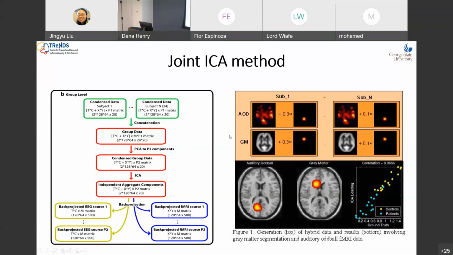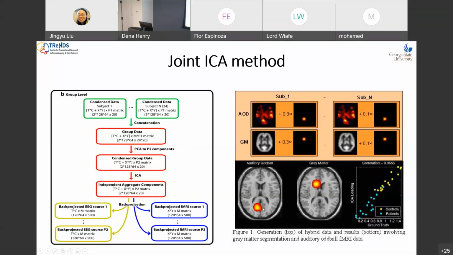For this strongly linked component, if we concatenate the data together and apply joint ICA, this simulation shows that the method can clearly recover the linked component, and the variation across subjects, as the ground truth.